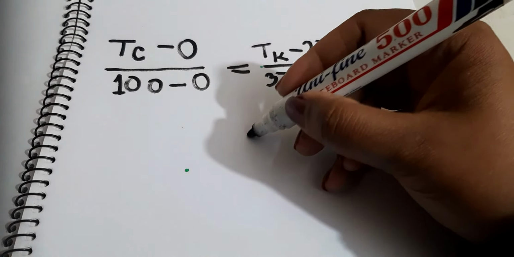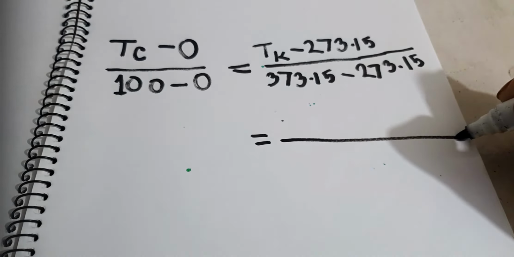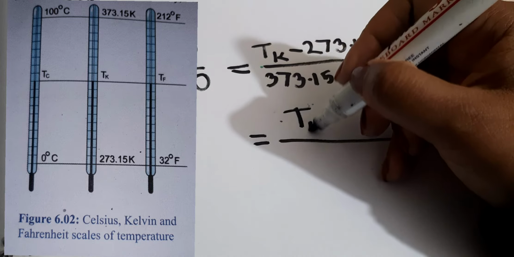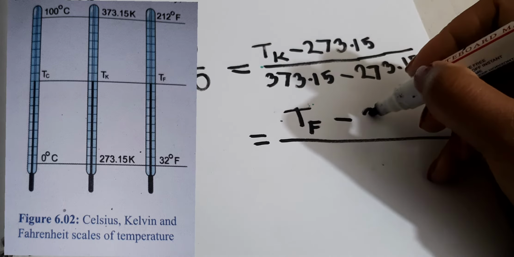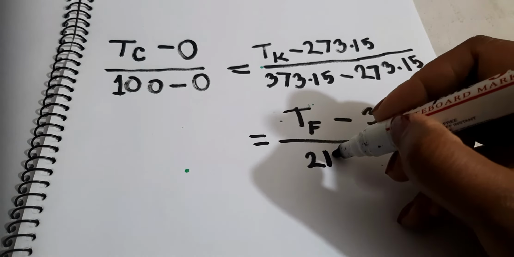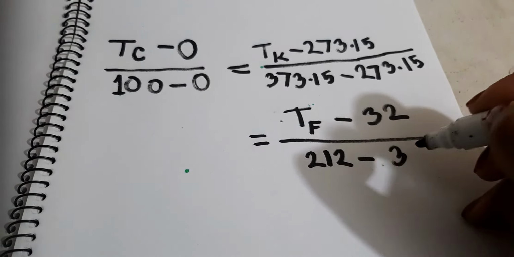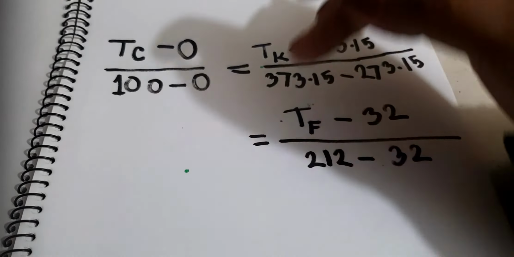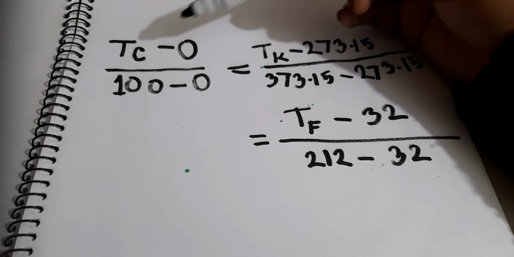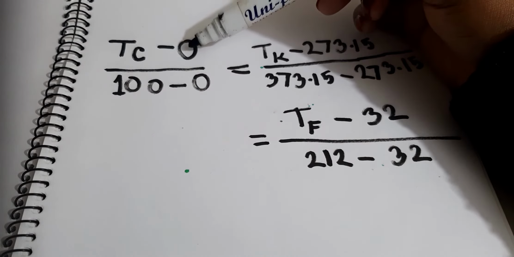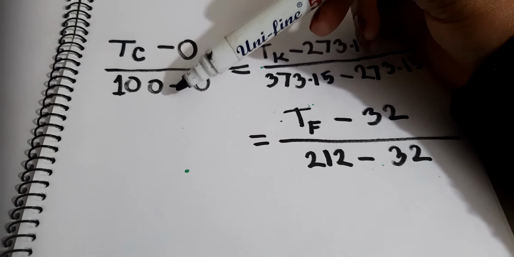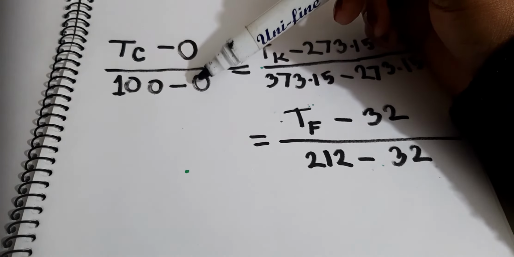So how about Fahrenheit? For the Fahrenheit scale, here is the Fahrenheit temperature minus 32, divided by 212 minus 32. So that is the relation among these. Now for Celsius, if I subtract, it will be 100, and this is also the same 100.